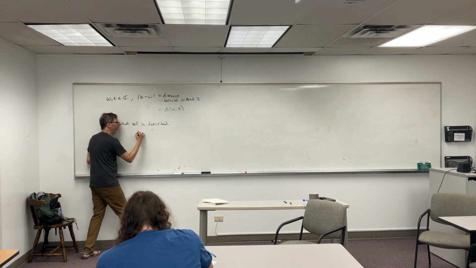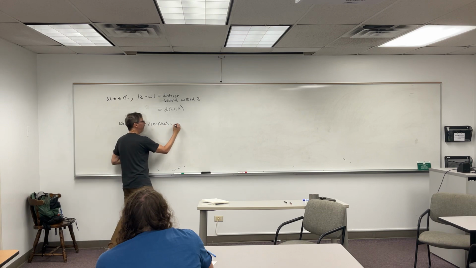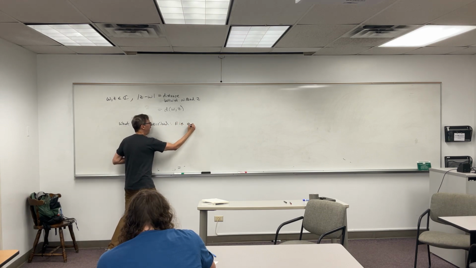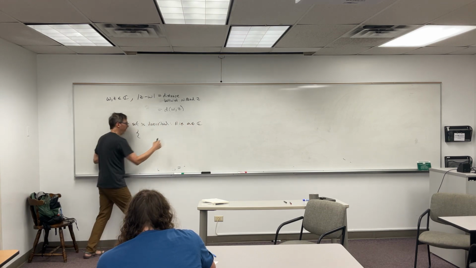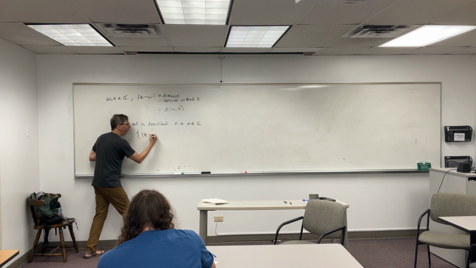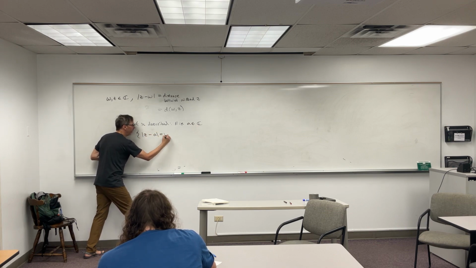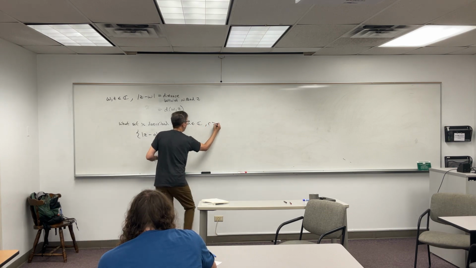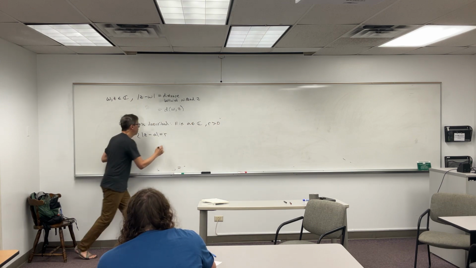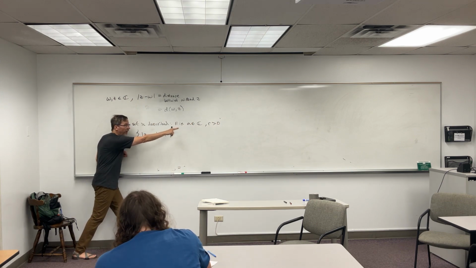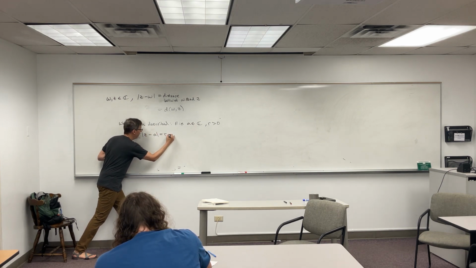So the first set I want to talk about is, let's fix A. So this is a fixed number. What is this set here? And then also R is a positive number. When you write R as a positive number, that immediately says it is a real number.